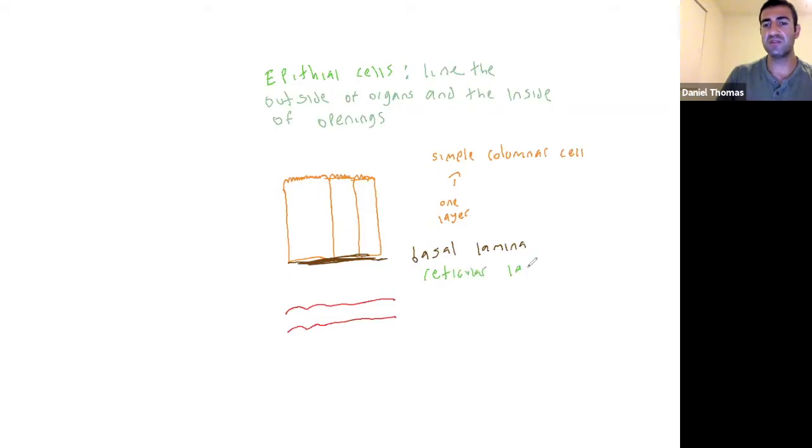These are two layers that aim to attach the epithelial cells, almost like gluing them to connective tissue. So I'm going to say that this is connective tissue. And then we have our two layers, the basal lamina, which I just drew here, and the reticular layer.